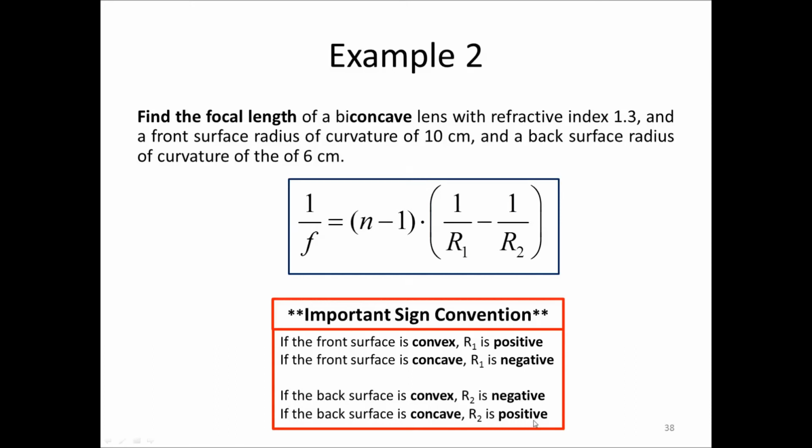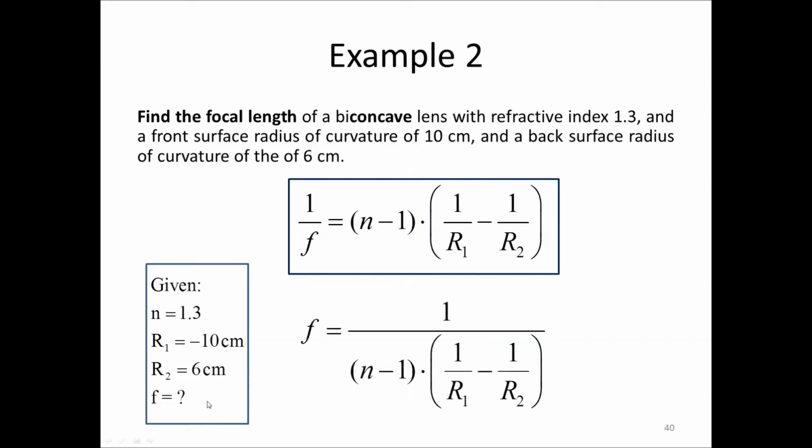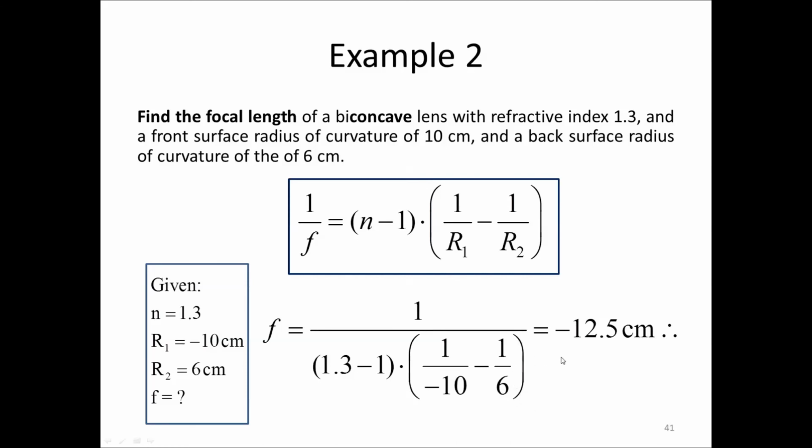The refractive index we have is 1.3. R1 will be negative 10 centimeters. R2 will be positive 6 centimeters. And we're going to again solve for f. Rearranging the Lensmaker equation, we simply plug in our values and we get negative 12.5 centimeters for the focal length. Very easy. One more example.